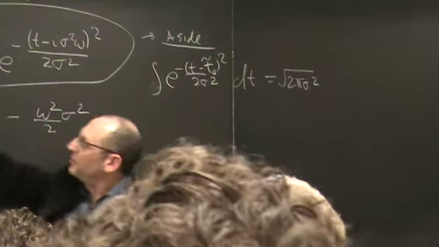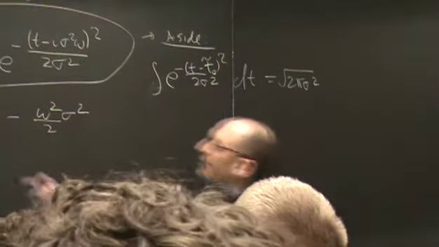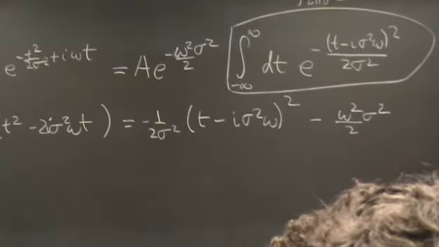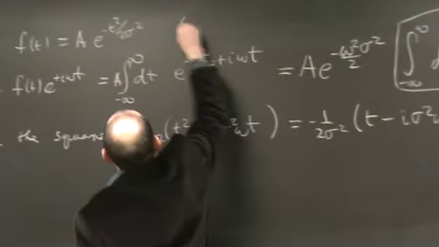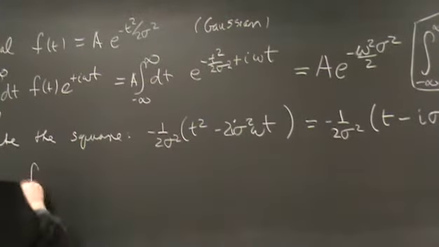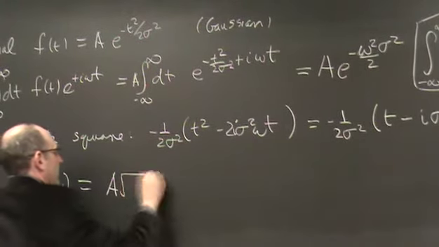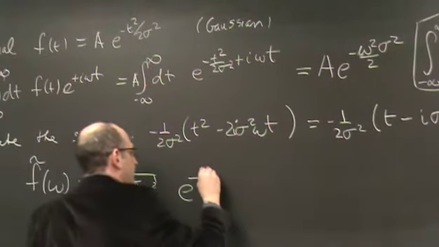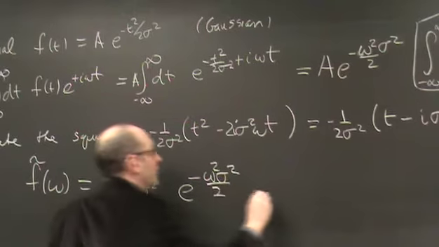That's kind of irrelevant. The point here as a function of omega is that the Fourier transform of a Gaussian is a Gaussian. So the Fourier transform of this Gaussian is a Gaussian function of omega.